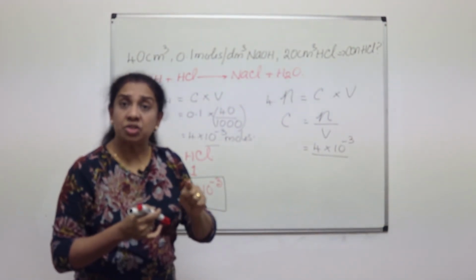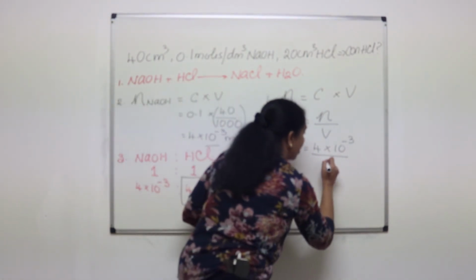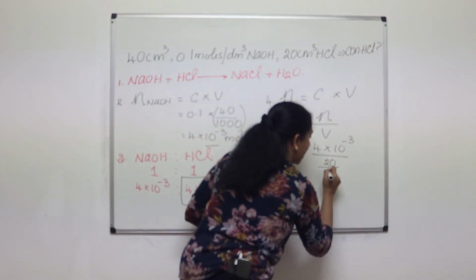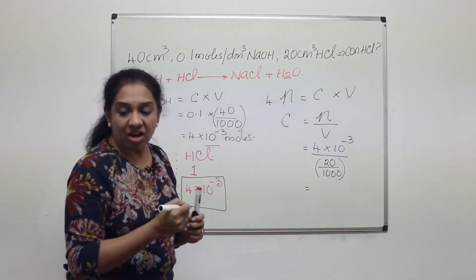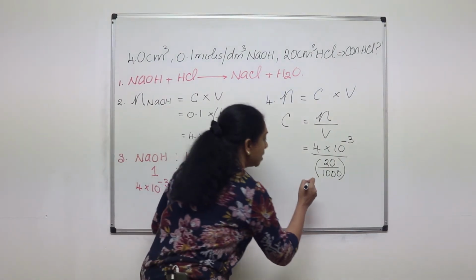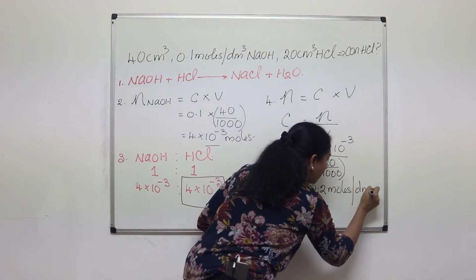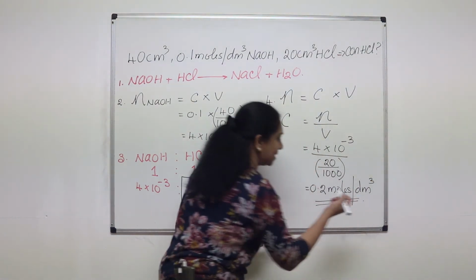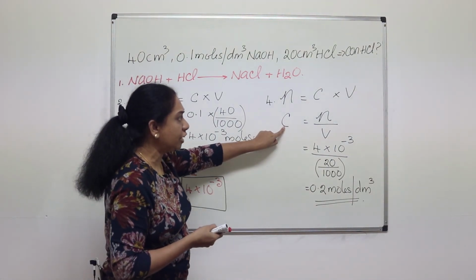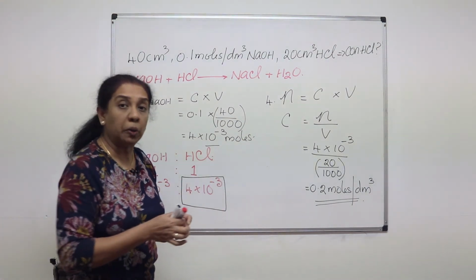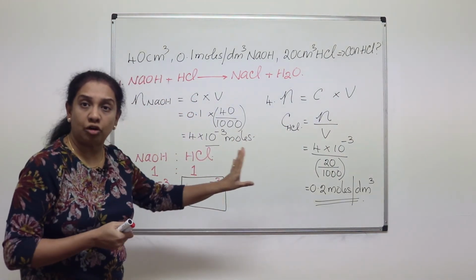Again, we need to convert it into cubic decimeter. Therefore, I'm going to divide the 20 by 1,000, and that is going to give us an answer of 0.2 moles per dm cube. So that is the answer we have got, and that is the concentration of hydrochloric acid.